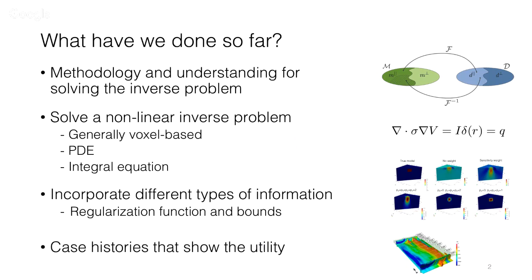Our DC resistivity, which was like this guy here, we solved using a finite volume method. The gravity and magnetic we solved using an integral equation technique. So that's fine. We can incorporate different kinds of information through the model objective function, and also incorporate bounds.